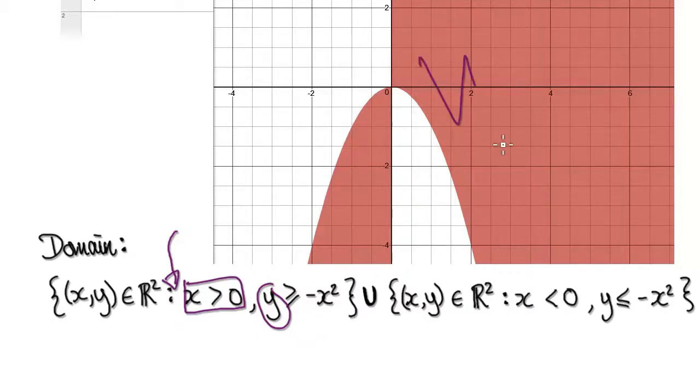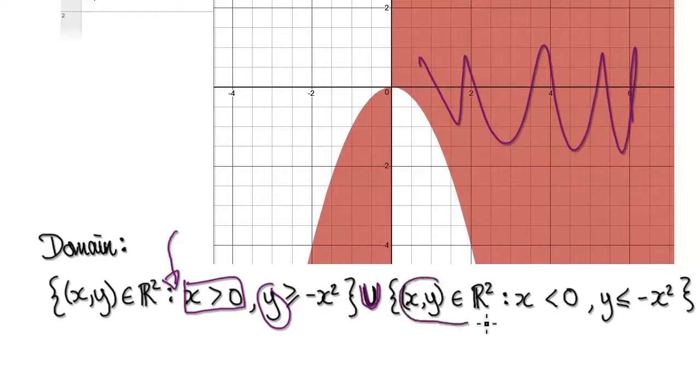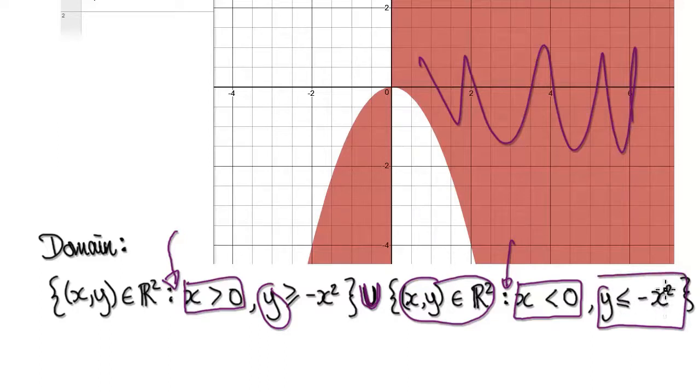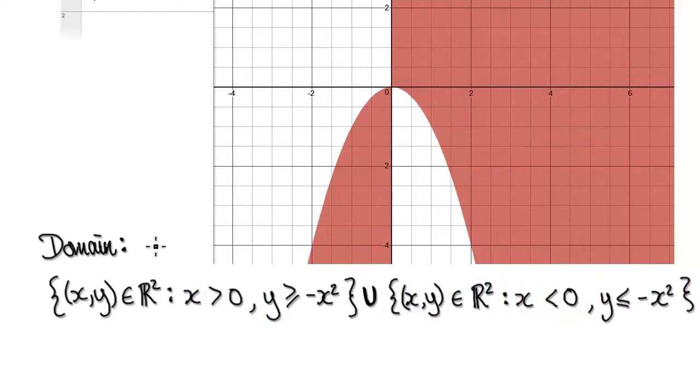So we are now talking about this region here, and then union with (x, y) being in the plane, such that in the case where x is less than 0, we need to demand that y is less than or equal to negative x squared, which is this region here. So you can write the domain as this.